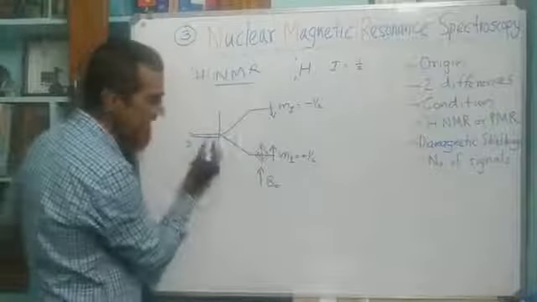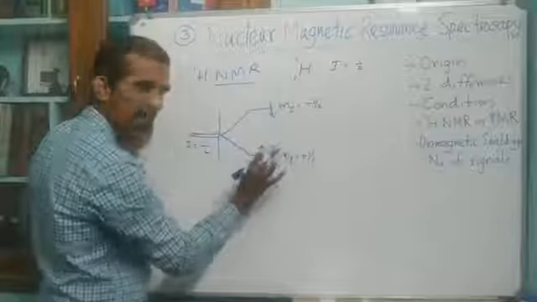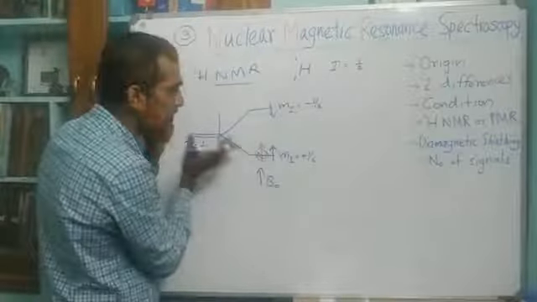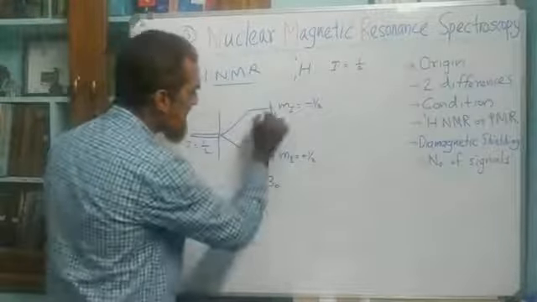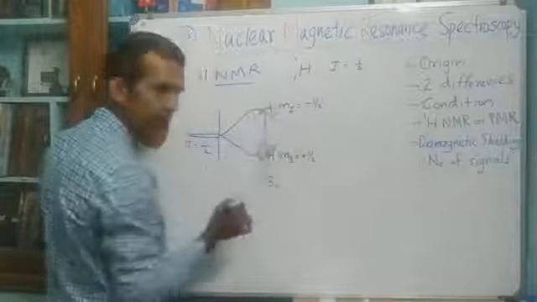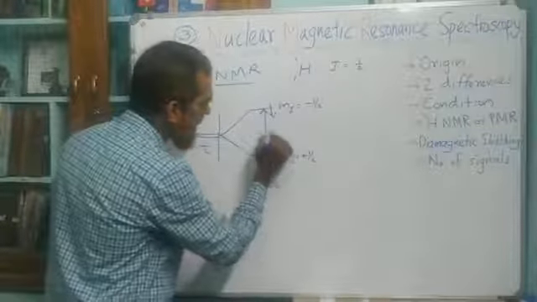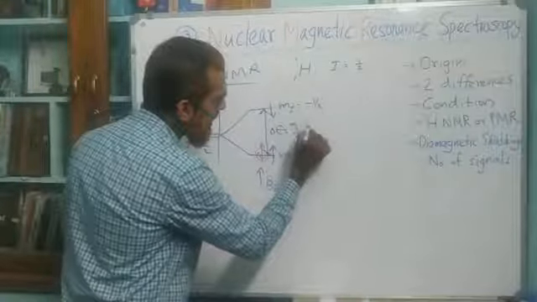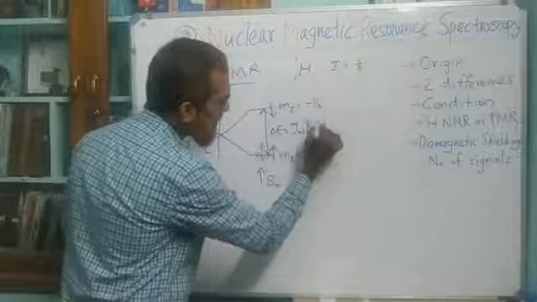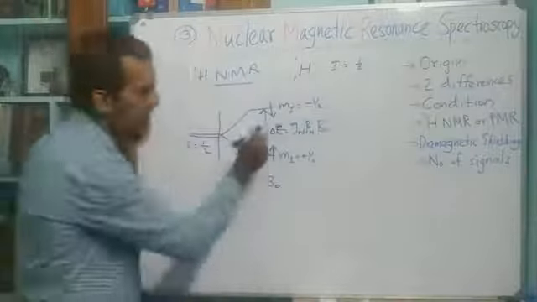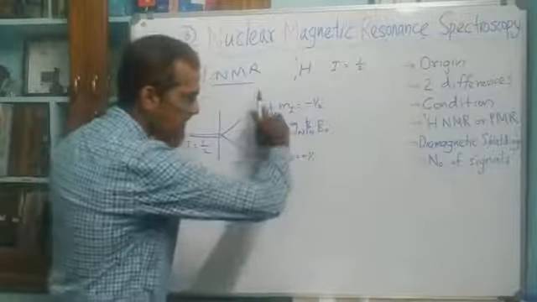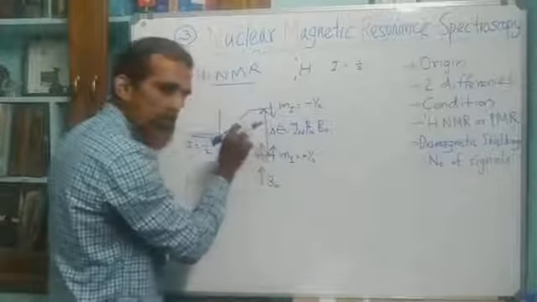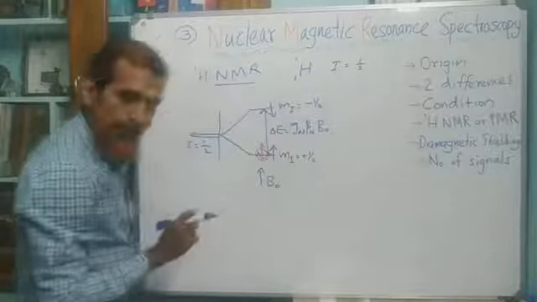What is written here is the degenerate state of these two levels in the absence of field, shown by two lines. In the presence of field, it will split into two with an energy gap here. This energy gap is given by delta E equal to g_N beta_N B0. This comes from the 5th semester. Due to the interaction between the applied magnetic field and the magnetic moment of this proton, there will be an energy gap.